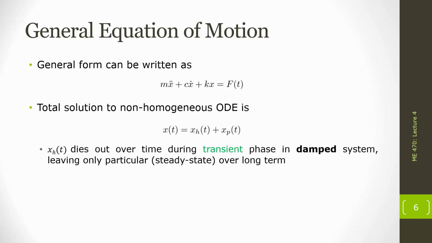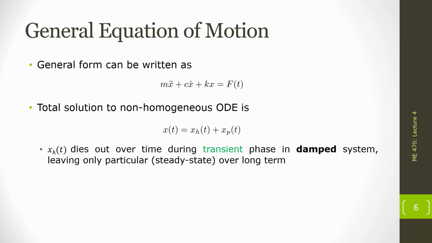Again, thinking back to what we saw in system dynamics, thinking about that Bode diagram, we were only looking at that steady state solution when we were referring to the Bode diagram. So by the time that steady state solution is the total solution, the homogeneous has died out, or it's gone sufficiently small that our system is just acting in this steady state behavior.